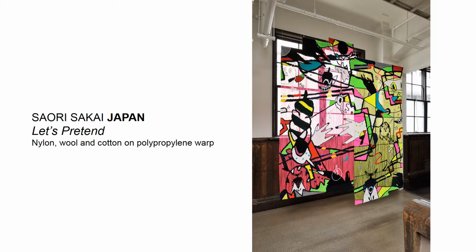It's called Let's Pretend, and it's really about comparing childhood dreams and the immersive virtual world that we can all be part of. So for Sakai, she describes both the virtual world and our dreams as vague, strange worlds which defy logic. Sakai's tapestries have very distinctive, bright neon colours and reflect our experiences of modern life.